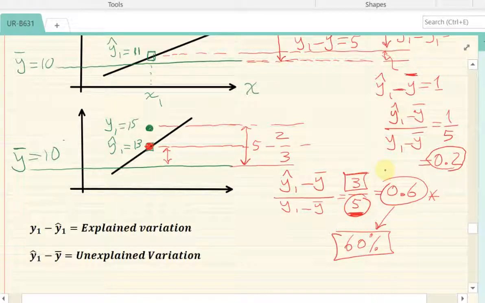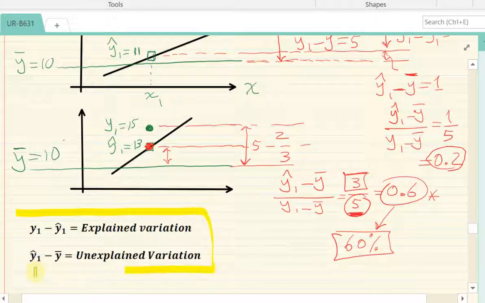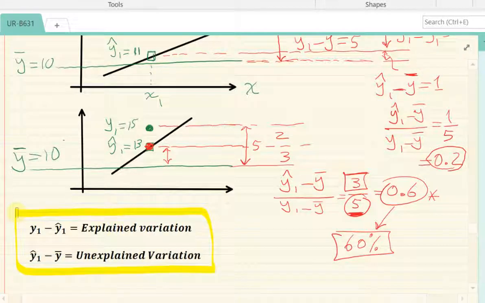Okay, now our terminology here, regression terminology. y1 minus y hat 1 is called explained variation. And what is y1 minus y hat 1? y1 minus y hat 1 is this right in here, this part. That's y1 minus y hat 1. Y hat 1 minus y bar is this other part.